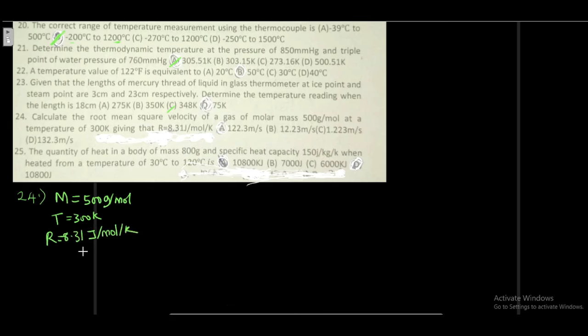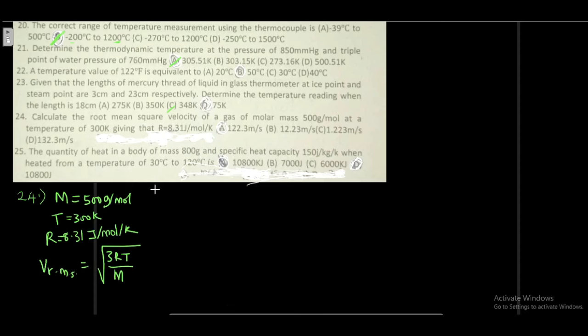To solve this, we simply make reference to our equation for the root mean square velocity of a gas, which is V root mean squared equals the square root of 3 times the ideal gas constant times the temperature, all over the molar mass.